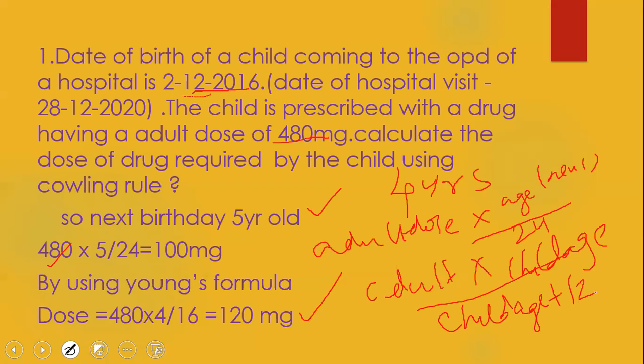So child age is 4, child age plus 12 is 16. So 4 plus 12, 16. So 480 into 4 divided by 16, 120 mg. Hope you are clear? Next question.